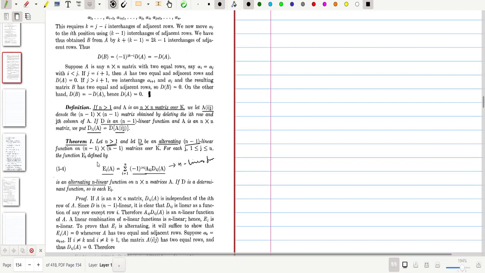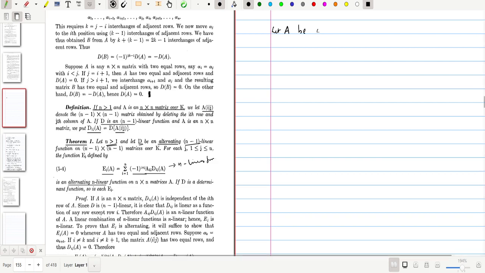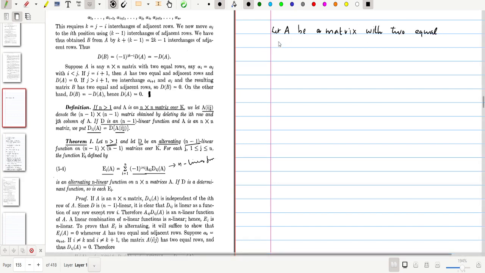To prove this ej is alternating, we start with a matrix A, let A be a matrix with two equal adjacent rows. Then we'll prove that ej of a equals 0. If you prove this, you can get this ej as an alternating function.